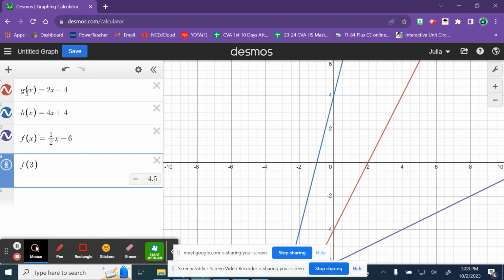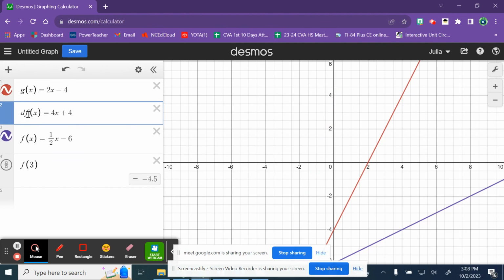So as long as you have them named appropriately and differently. If they all are f of x, ooh, hello, I'm having an issue, sorry. See where it now gives me an error sign? Because it doesn't know which function you want it to use. So as long as they are named separately, it will jump on the right function for you.